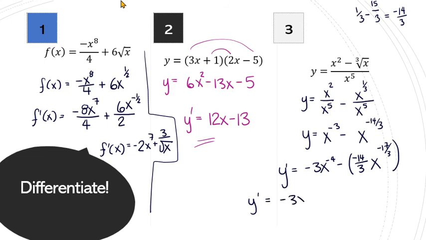First term is fine. Let's make that negative 3 over x to the power of 4. Get rid of our negative exponents. We have a negative and a negative, so we're going to have a plus sign here. 14 in the numerator, 3 in the denominator from the constant, and then we have a negative exponent, so we know that the x will be in the bottom, and it's also fractional, so the denominator goes in the root, and the numerator stays as the power on the x. Done and done.